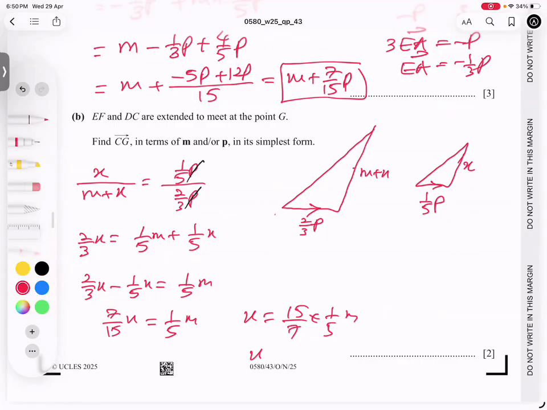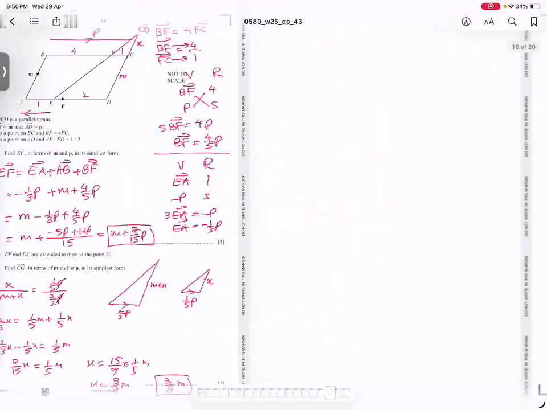So times 2, my answer is coming 3 over 7. So 3 over 7 times 2M. And he was asking for the CG gap distance, and Alhamdulillah Rabbil Alameen, I think you understand how I got 3 by 7 times 2M vector. Okay, and the paper is completely done.